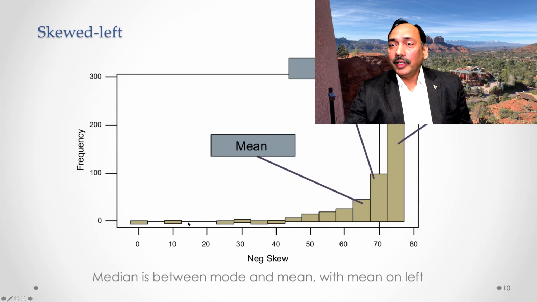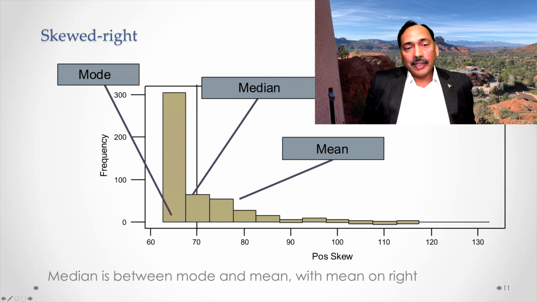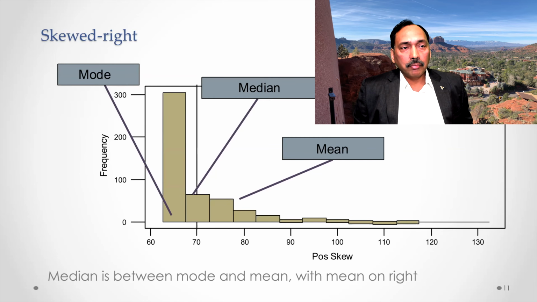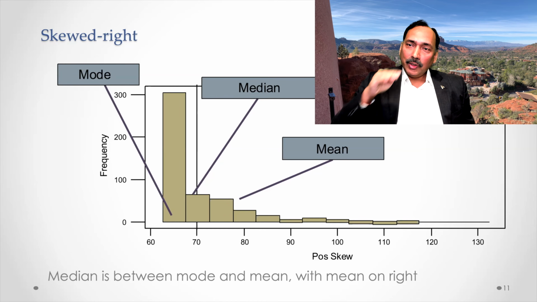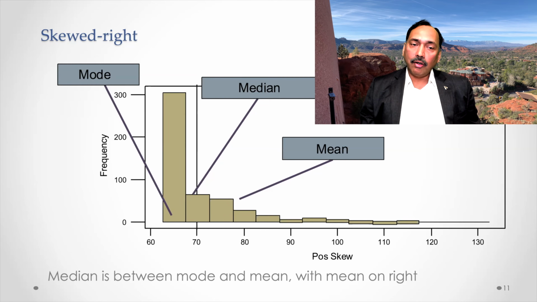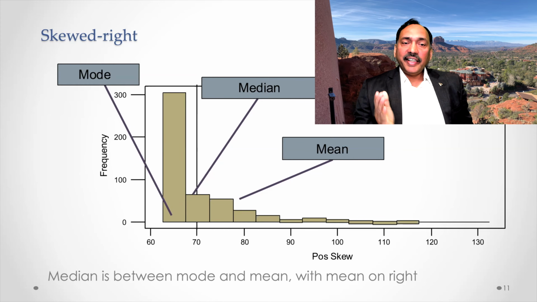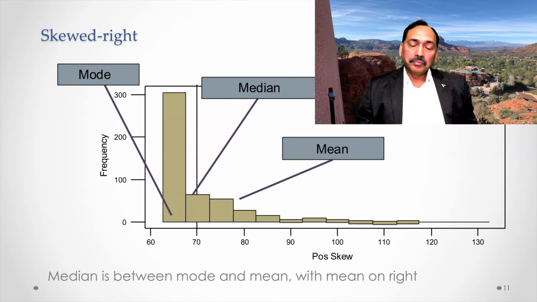They may end up scoring low. And this is the opposite of that. This is the mirror image of the earlier one. It's called skewed to the right because the tail goes longer on the right side. And again, median is between mode and mean, but the mean is now on the right.